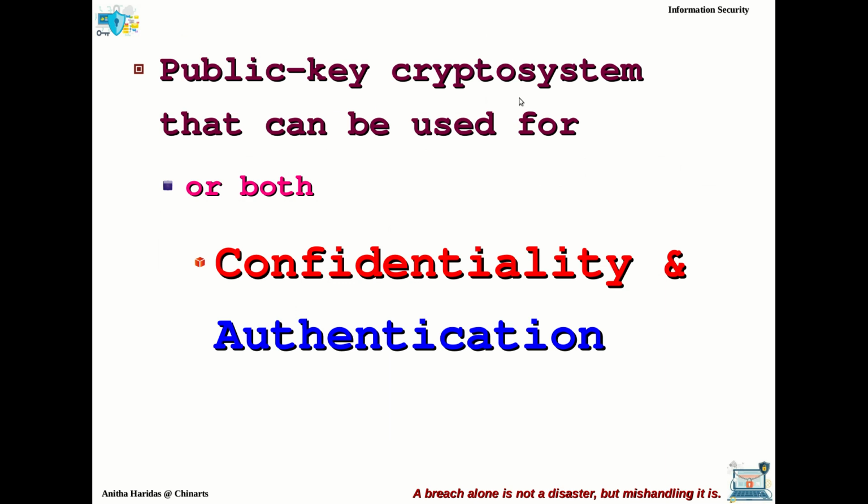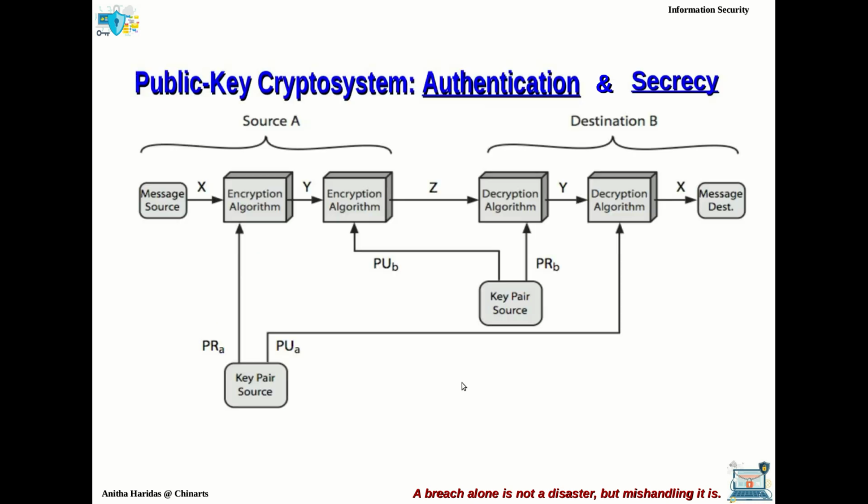Apart from that, the public key crypto system can be used for both confidentiality and authentication. If so, the encryption and decryption will be done two times, one with the sender's private and public key pairs, and the other with the receiver's public and private key pairs.